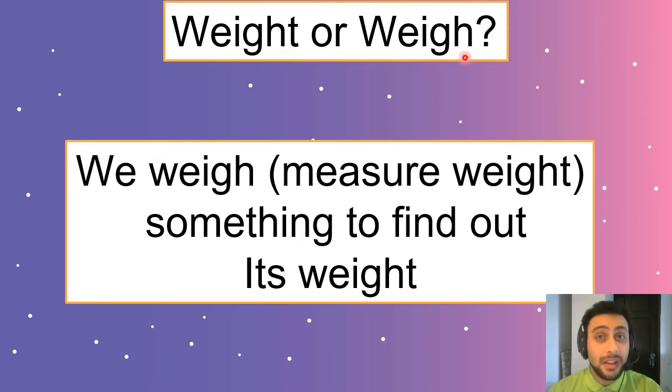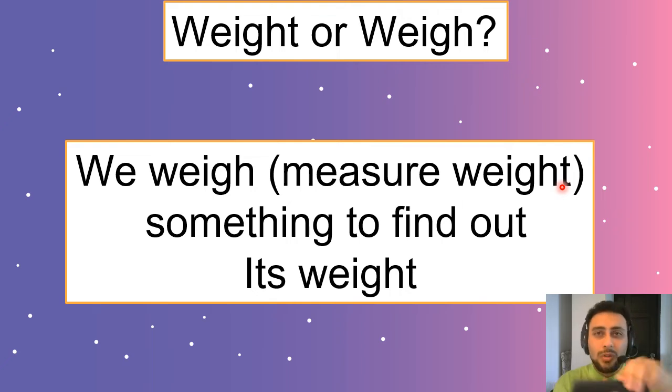Now you may be wondering, teacher, is it weight or weigh? They are actually different. We weigh something to find out its weight. Weigh without a T means to measure weight. For example, I want to know my weight, so I must weigh myself.